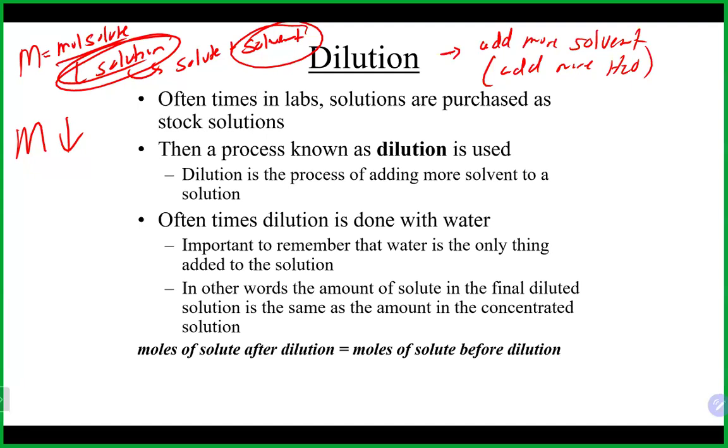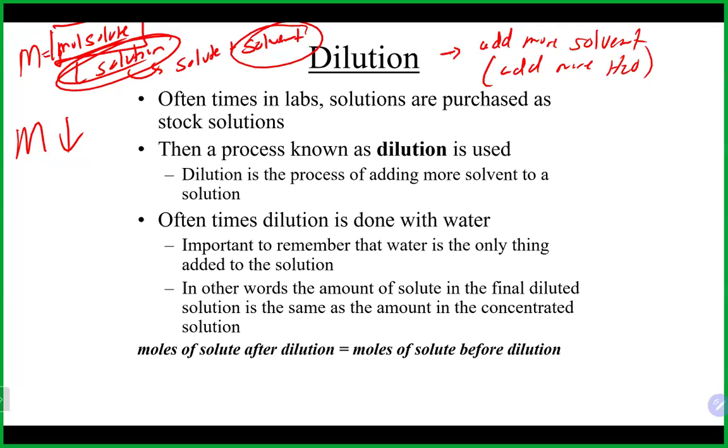The one thing that doesn't change when you do a dilution, if you look at the molarity equation, is the top part. We didn't do anything with the solute. So the solute doesn't change. So the moles of solute, whatever you had dissolved in that solution to begin with, you'll have the same number of moles after you do the dilution. So the moles of the solute before and after will be the same.